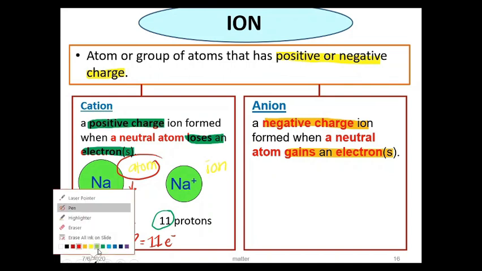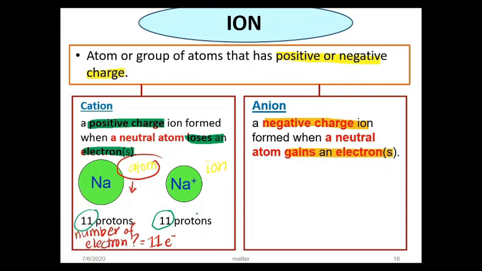For the sodium ion, this is Na plus, meaning it loses an electron. Hence, 11 minus 1 would be 10 electrons. See the difference?